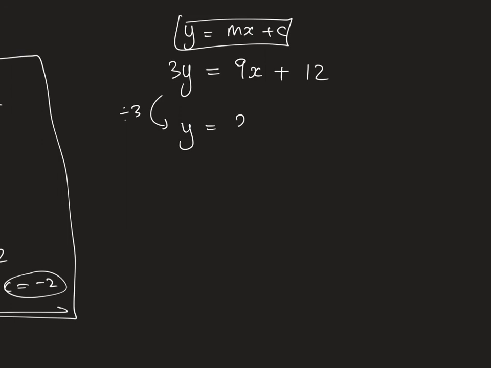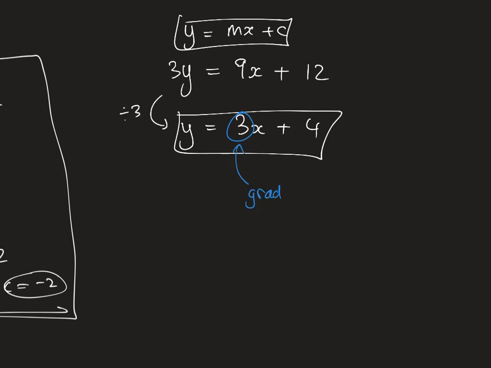So we have y is equal to 3x plus 4. Now we know that our gradient is 3. Remember, rise over run, it'd be 3 up for every 1 across, that would be our gradient. And plus 4, we know that it's going to cross the y-axis at +4 if we're drawing those.